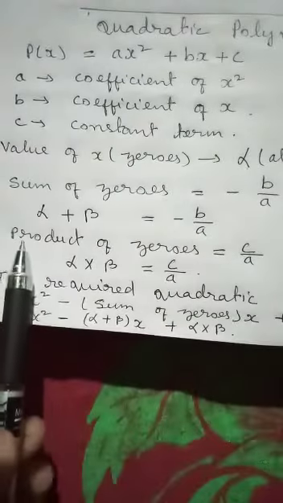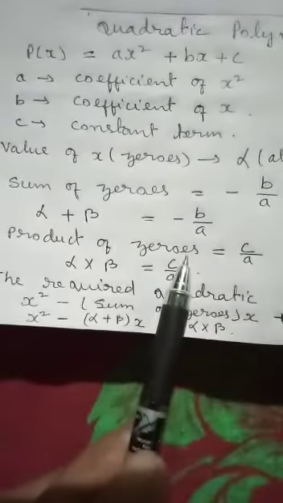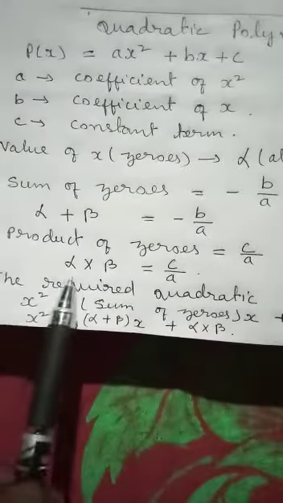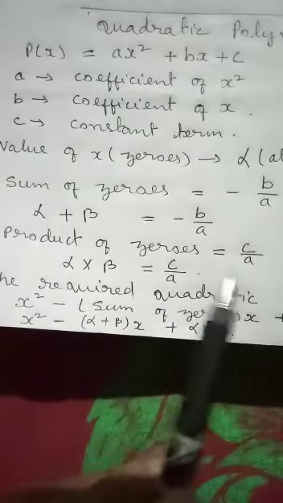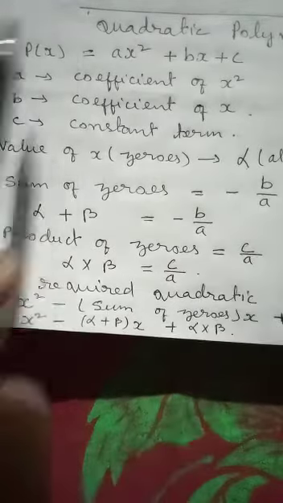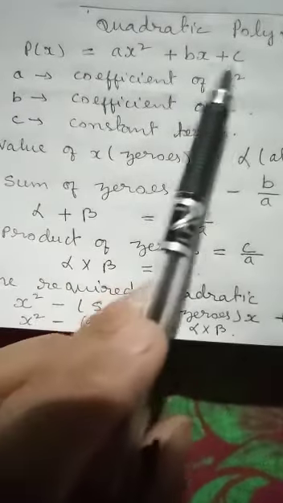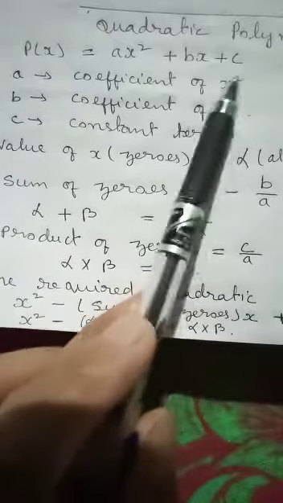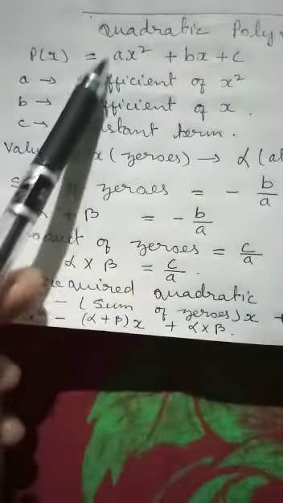Another formula is the product of zeros. If you multiply alpha and beta, it should be equal to c by a. C is the constant term, a is the number present with x square.